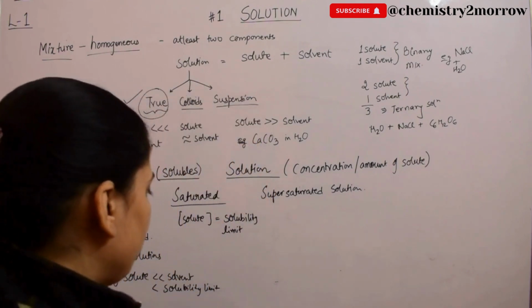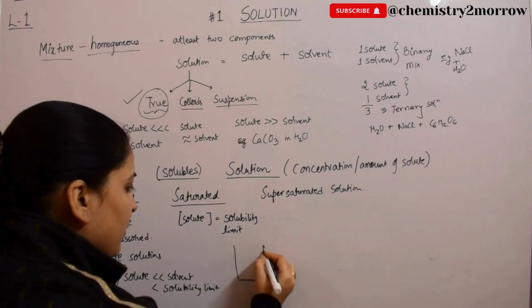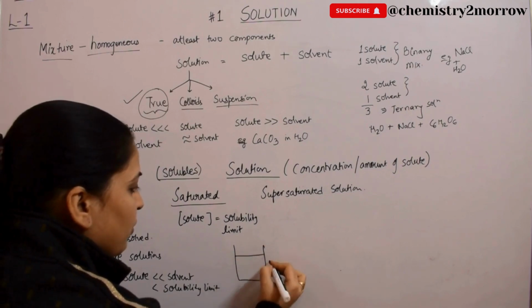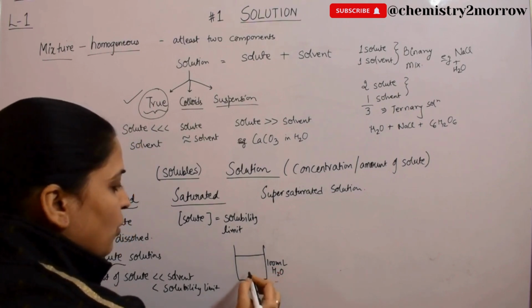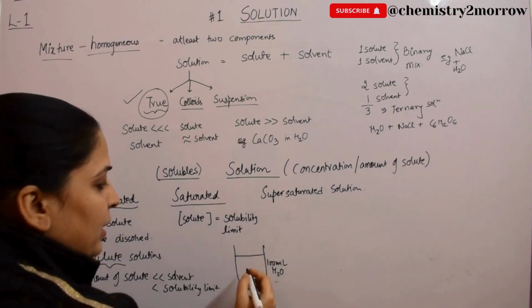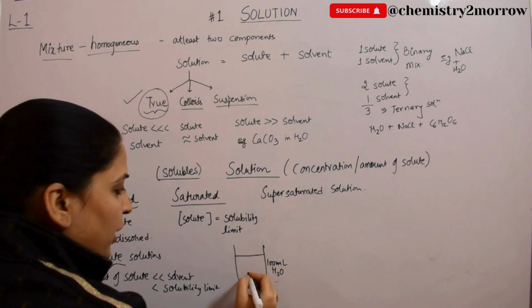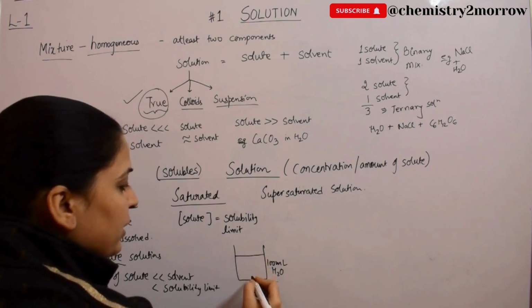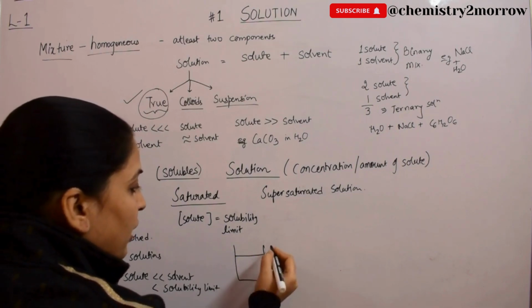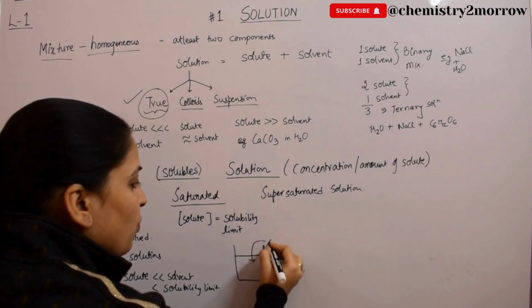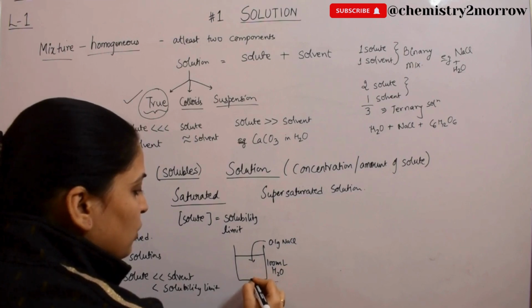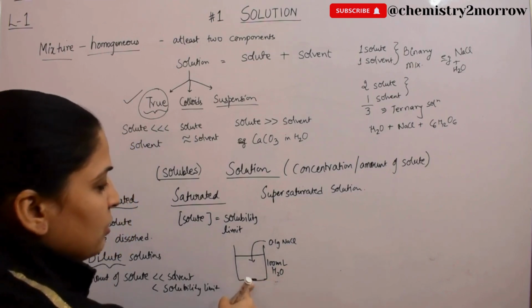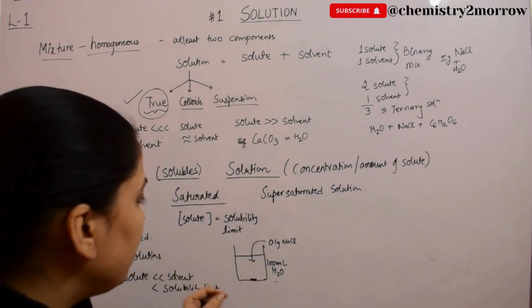In the same glass with a constant 100 ml of water, as I increase the amount of sodium chloride, it will keep on dissolving until a limit is reached when another addition of 0.1 gram is not dissolving, so it is going to settle down. So this is the solubility limit.